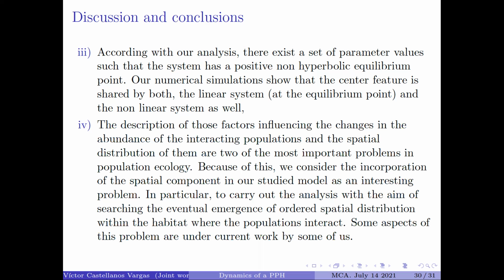Because of this, we consider the incorporation of the spatial component in our studied model an interesting problem, in particular to carry out the analysis with the aim of searching for the eventual emergence of ordered spatial distribution within the habitat where the populations interact. Some aspects of this problem are under current work by some folks.